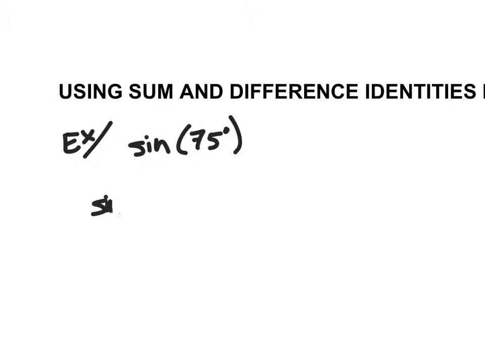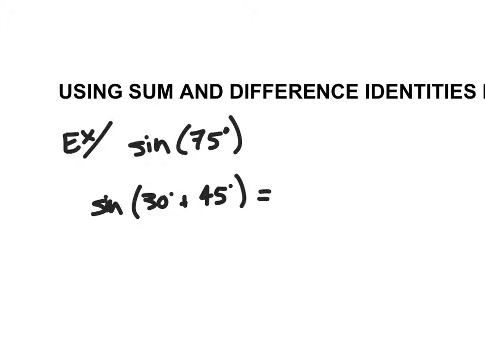Okay, so let's use this. Let's do the same ones. Let's do sine of, say, 75 degrees. If I'm doing sine of 75 degrees, I can split this up and do sine of 30 degrees plus 45 degrees.